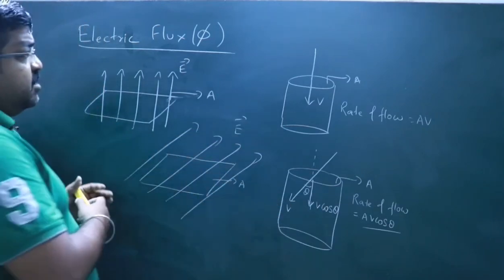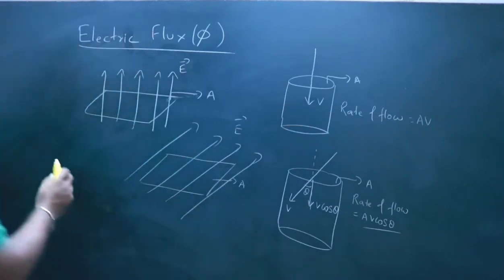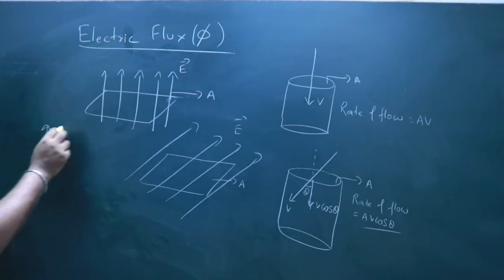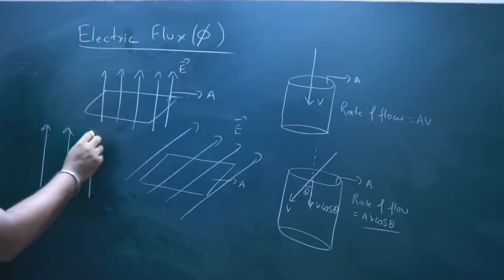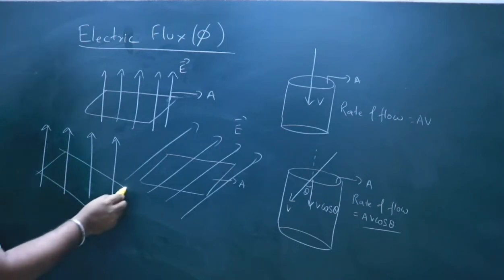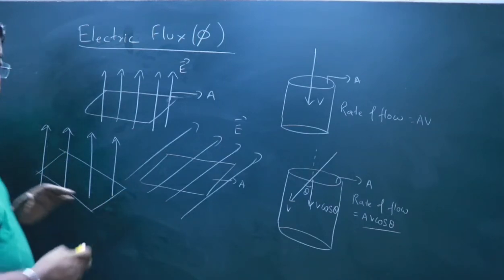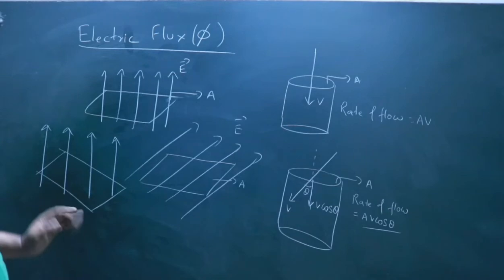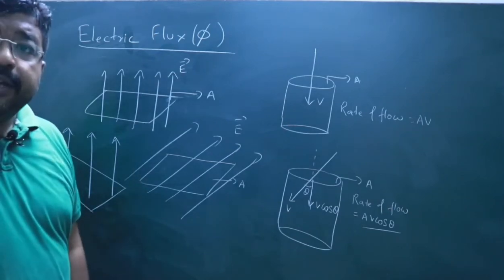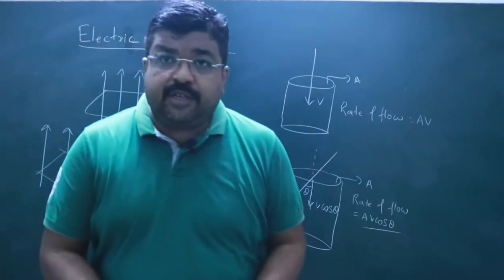Now similarly, what happens if I keep the electric field same, but I change the orientation of the area? Again the number of lines which pass through the area is going to change.